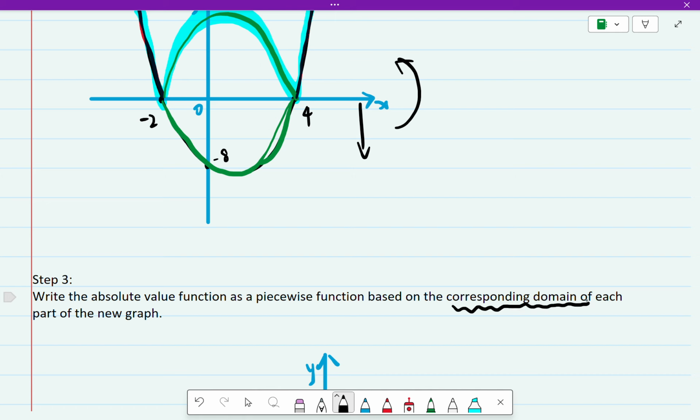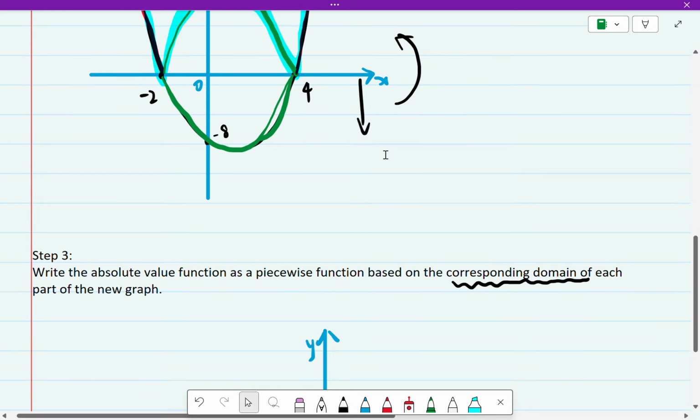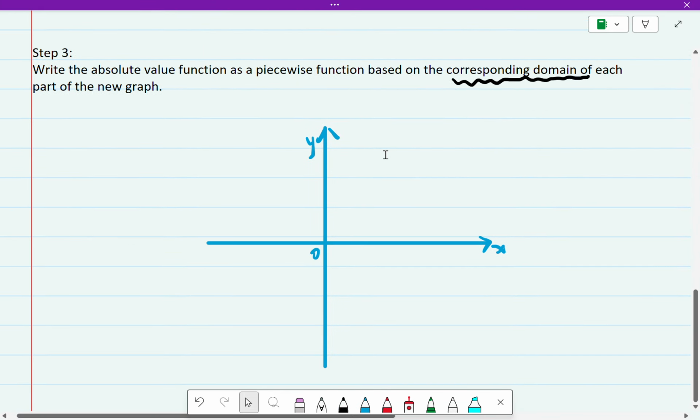The most demanding process of this question is to find the corresponding domain. So how can we do that? First, we will not worry about the original graph anymore. We just need to deal with the new graph, which is the graph for the absolute value.